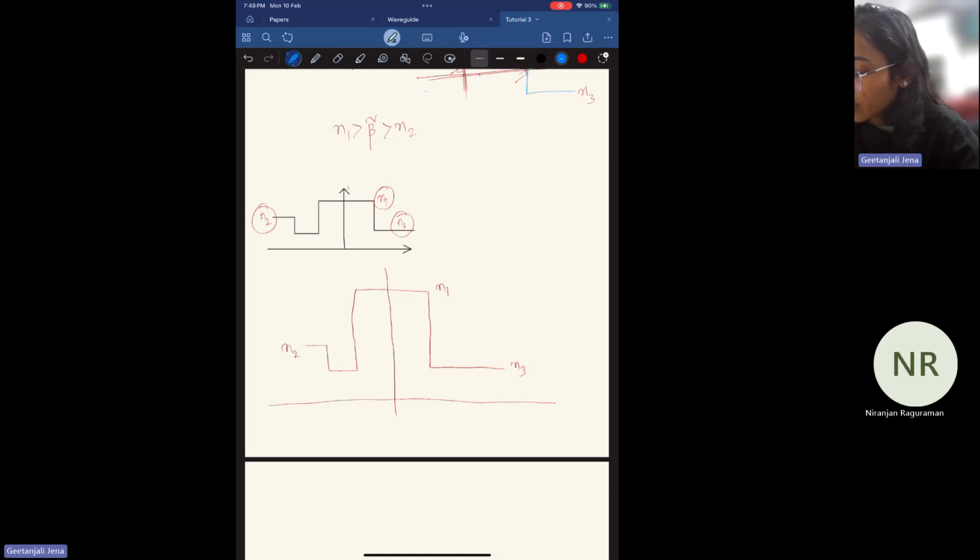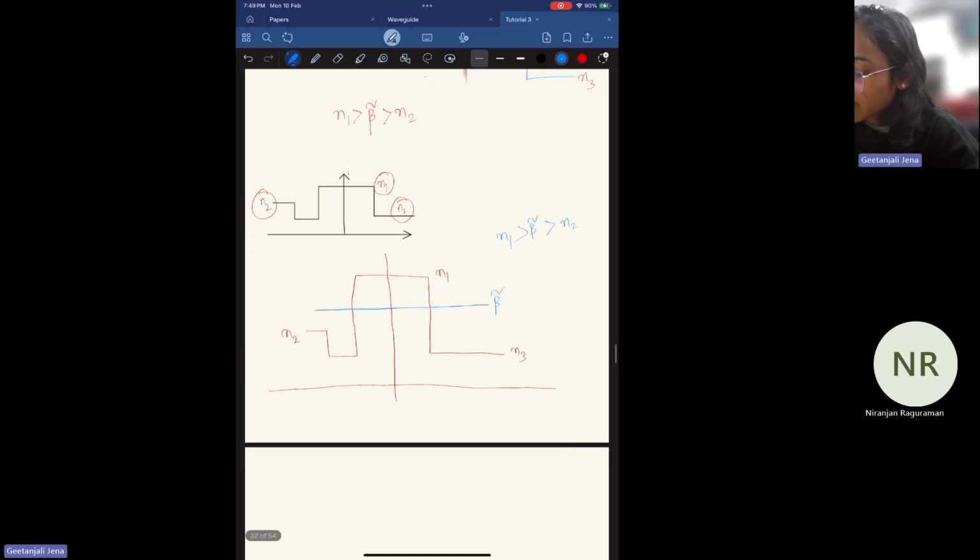So if the beta tilde falls here, it is less than N1, but it is greater than N2 as well as N3. So the ray will get reflection here also and reflection here also.